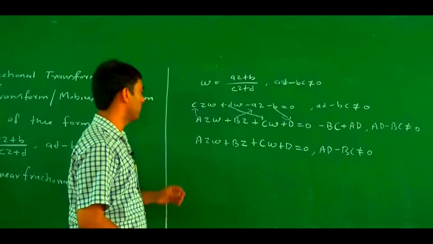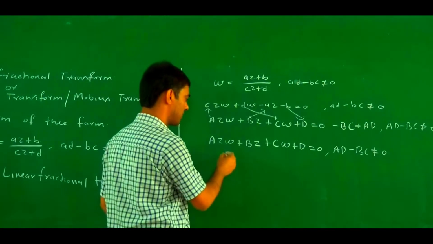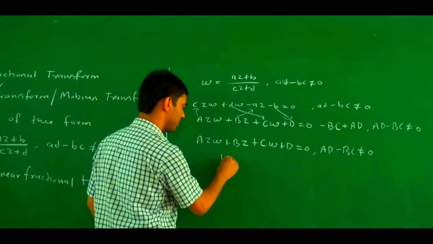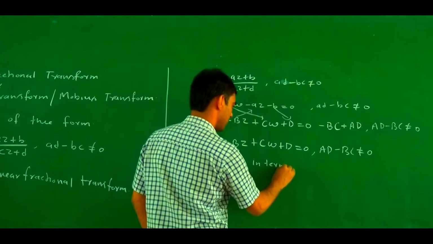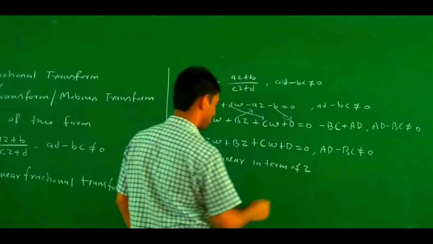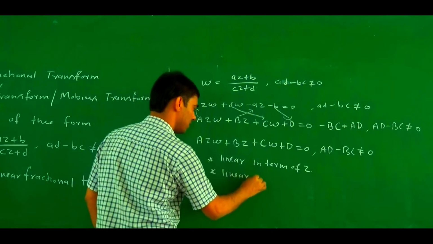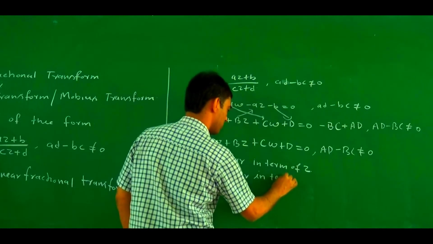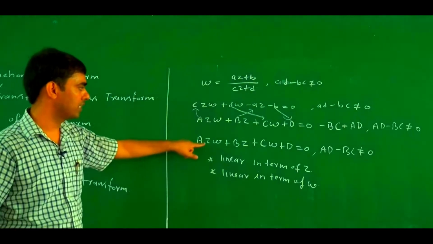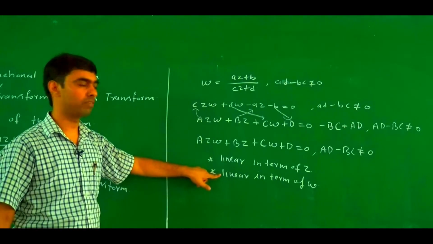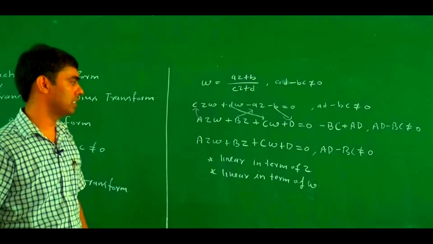So why is this one called a bilinear transform? Because this is linear in terms of Z, and also linear in terms of W, and it is equivalent to W equals (AZ plus B) divided by (CZ plus D).